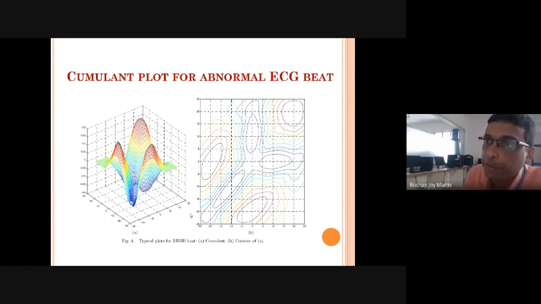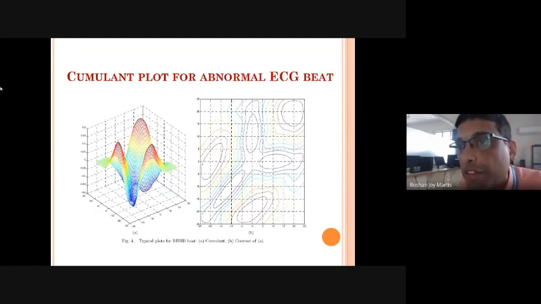So normal and abnormal ECG can be distinguished because there is a lot of difference between the normal and abnormal representations: same methods, same variables, but the plot looks entirely different. So this can be used in discrimination, in classifying medical data.